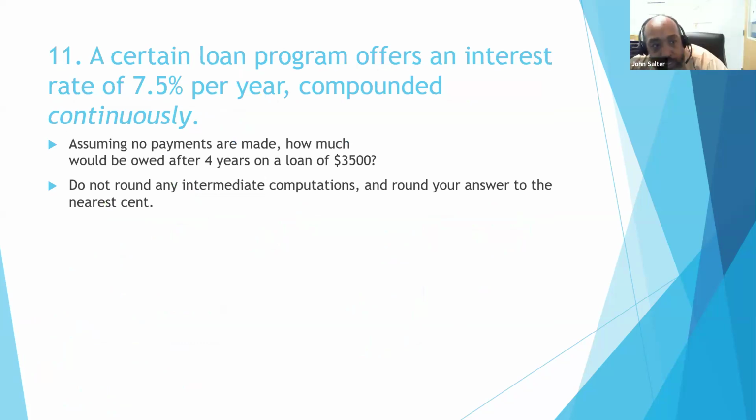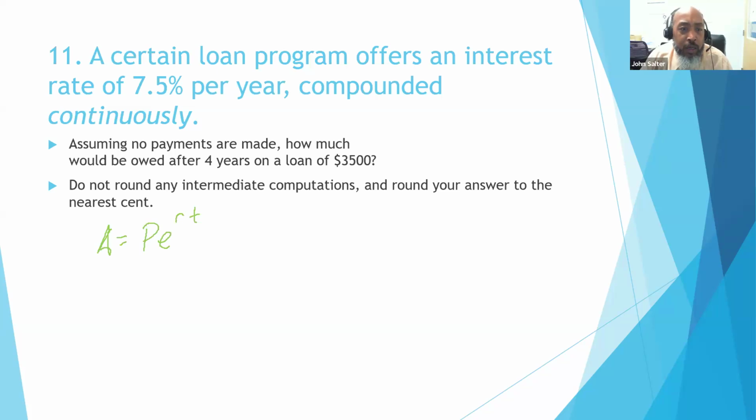A certain loan program offers an interest rate of 7.5% per year, compounded continuously. Assuming no payments are made, how much will be owed after 4 years on a loan of $3,500? Same thing, different numbers. So A equals P E to the RT, because it said continuously.